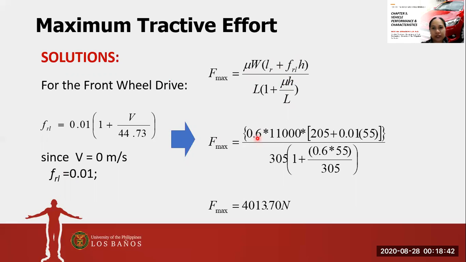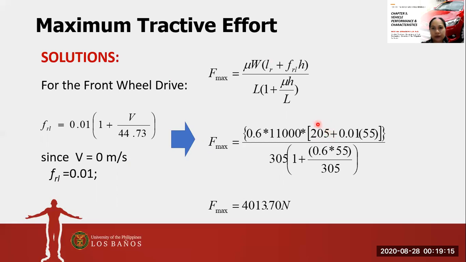So mu is 0.6, and then the weight is 11,000. For the LR, the H and the wheelbase, you can use either centimeters or meters as long as they have the same units. So here we use the centimeter values.